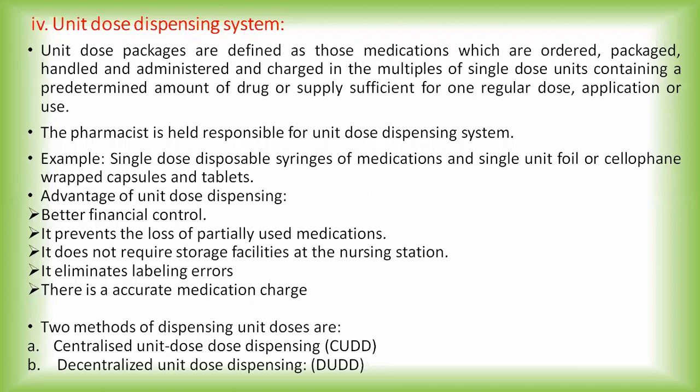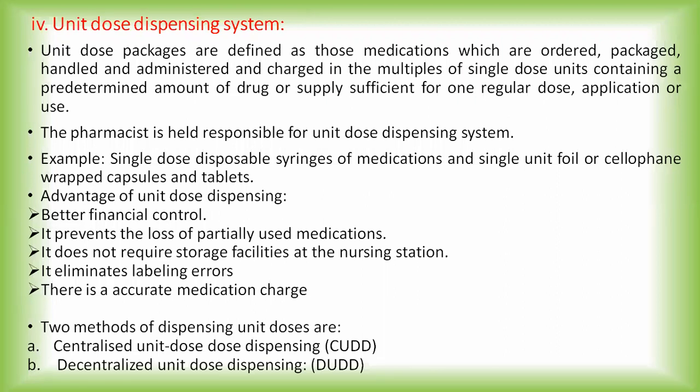The hospital may receive the drugs in bulk. The advantage of taking the drugs in bulk is that it becomes cost effective to the patient. In unit dose packaging, once the prescription order or medication order is received, it is the role of the pharmacist, who is held responsible for the unit dose dispensing system, to pack, handle and administer those drugs in a single dose unit.